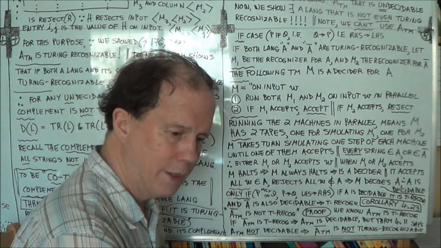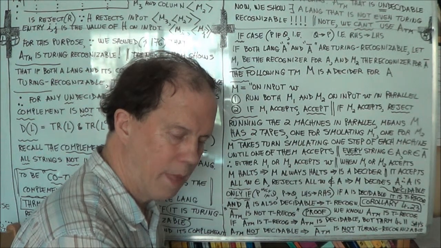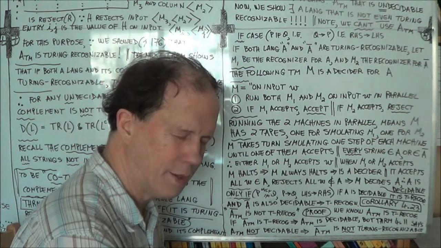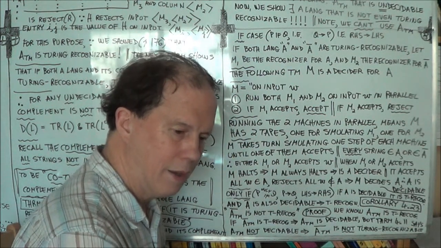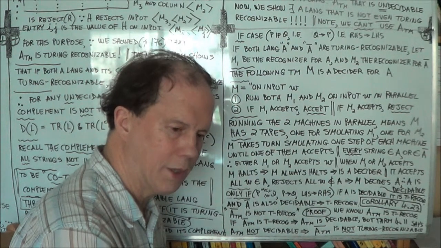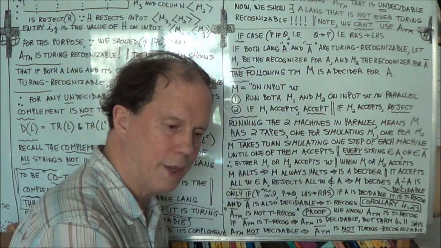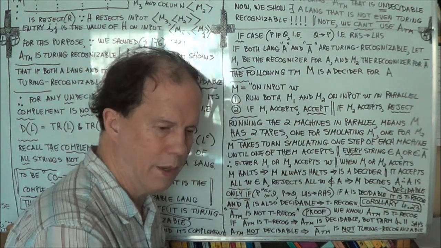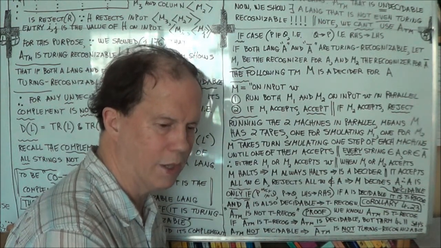So can you see that a decider, as part of itself, is a recognizer, because a decider is a recognizer plus it can do more things than just recognize.